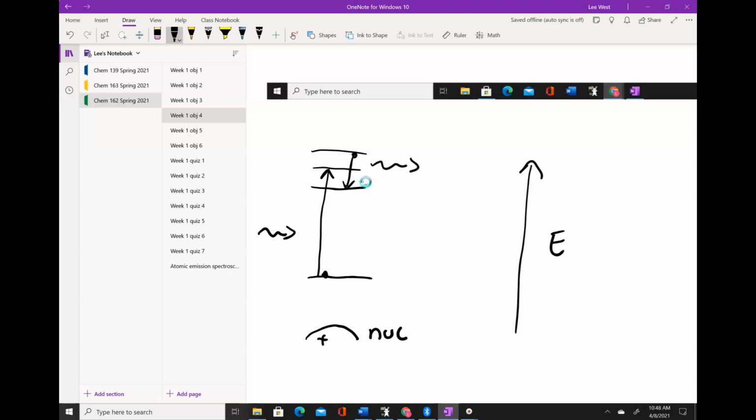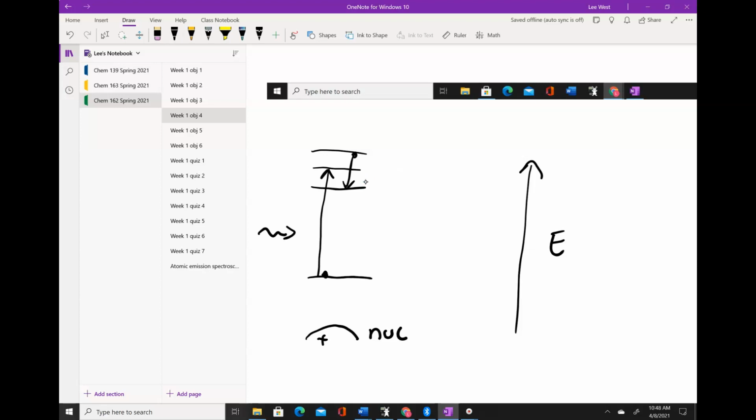So atoms, or the electrons that are within atoms, gain and lose energy by emitting and absorbing light. Now, the bigger the distance that the electron moves, the more energy that is released, right? So this process here where this electron moved all the way up to the third state here, that's a lot more energy than when the electron moved from the fourth state down to the second state. So keep that in mind.